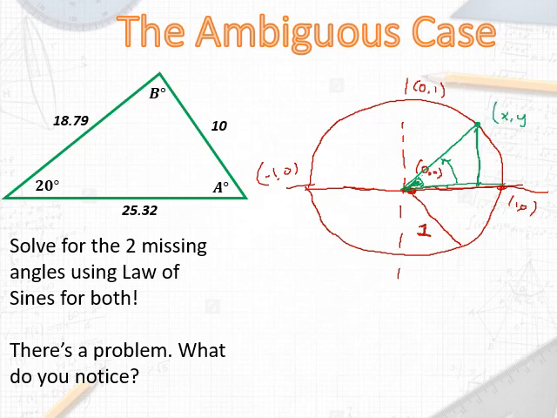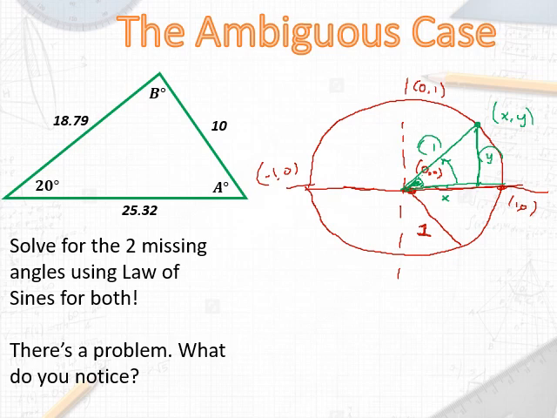So if it's a point xy, y-coordinate is the height, x-coordinate is the width, and then the hypotenuse is 1 because we said this was a unit circle. So if we do sine of this angle, y is a positive number, 1 is a positive number, and we get sine of a positive number is going to be the particular angle we're talking about.